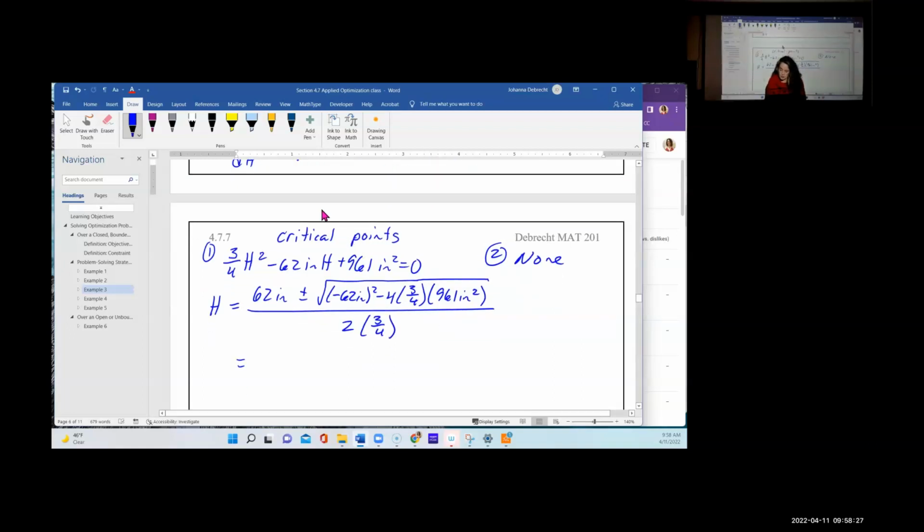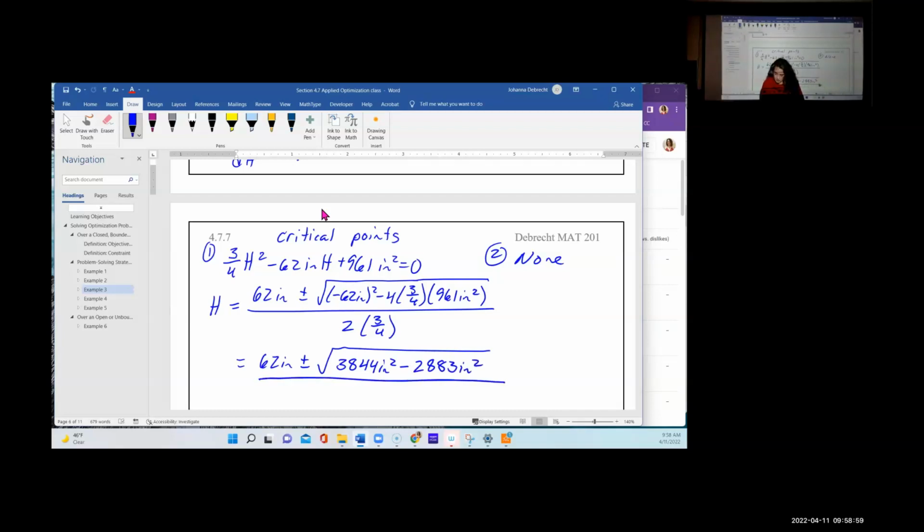Now, 62 inches squared, and this is going to give me 3/2 in the denominator, is going to be 3,844 square inches minus, the 4's cancel and I get 3 times 961, which is 2,883 inches squared, all divided by 3/2.